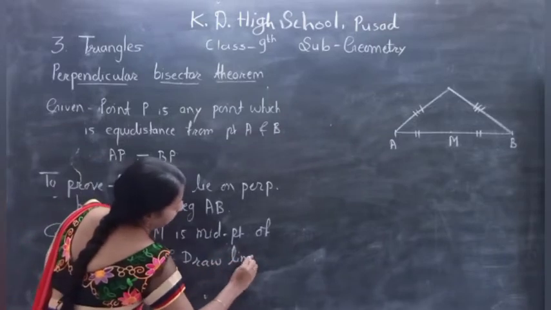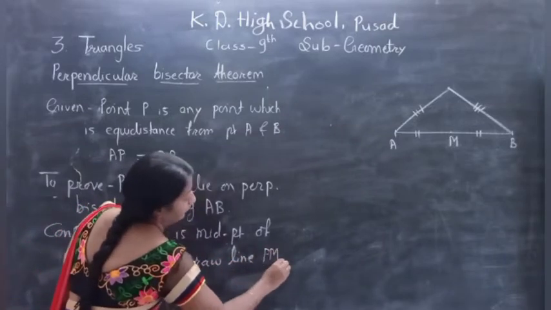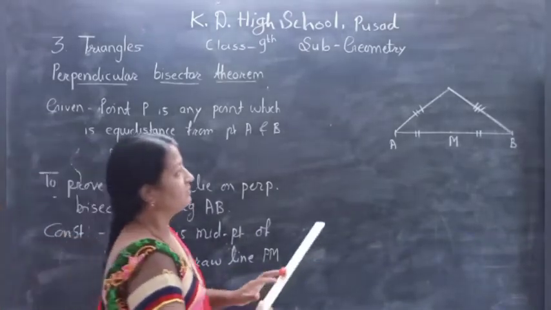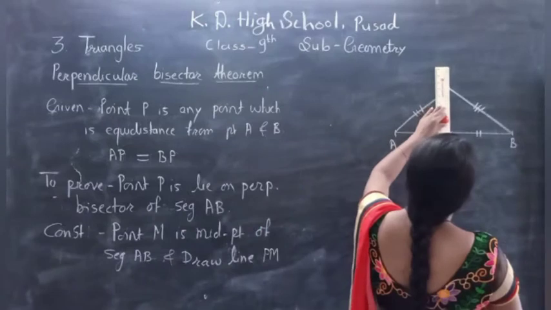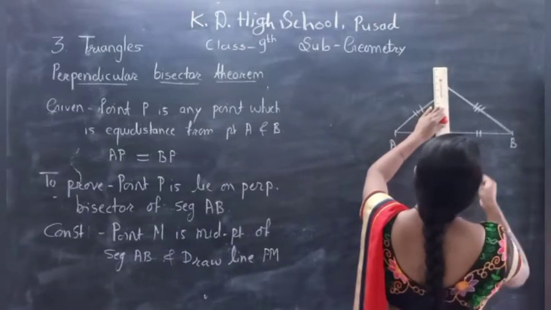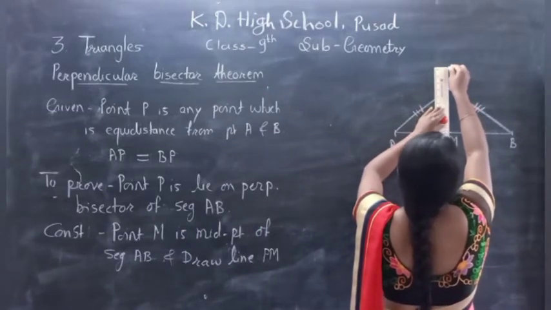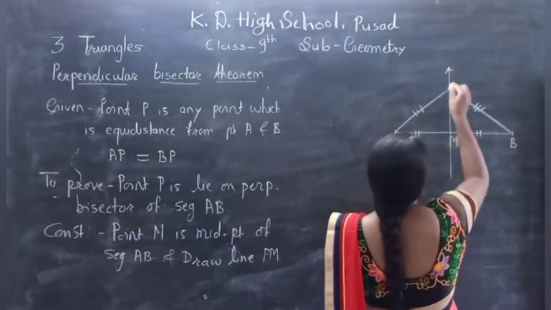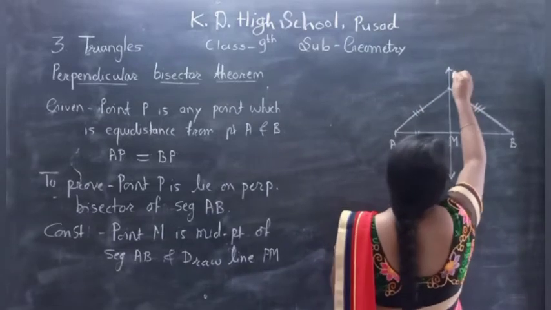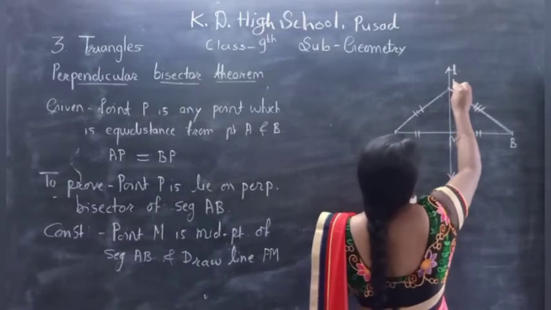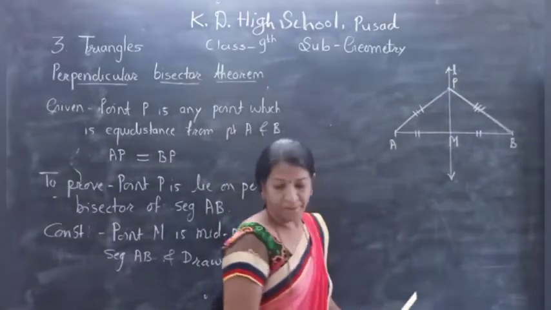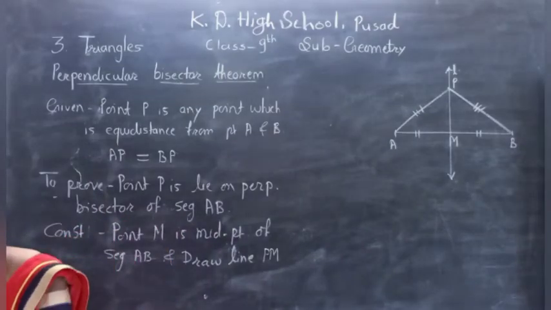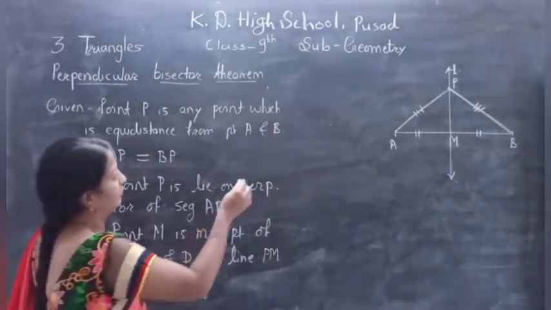We have to draw a line which is passing through points P and M, in this way. This is the line L. Here is the point P. Now, first of all, we start our proof.